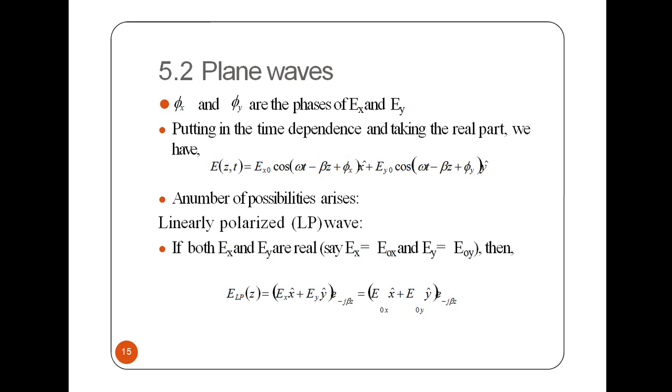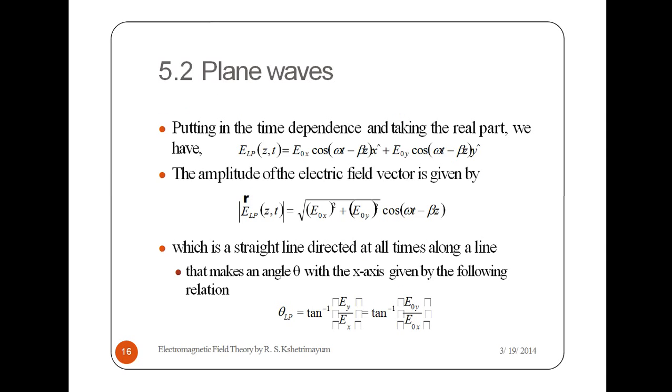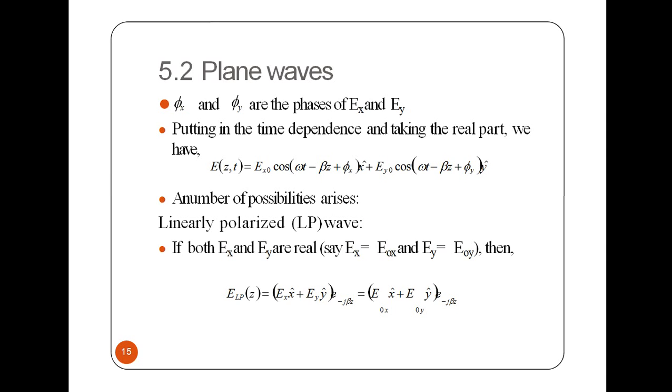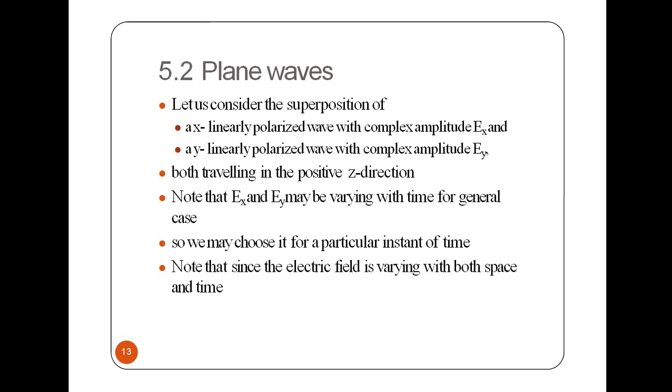Okay, so first let us understand what we have discussed up to this point. When you are talking about polarization, we first have to understand how a specific wave can be generated.